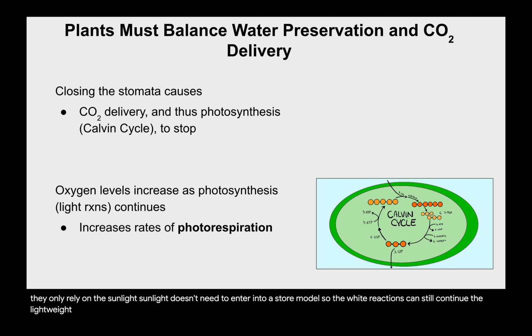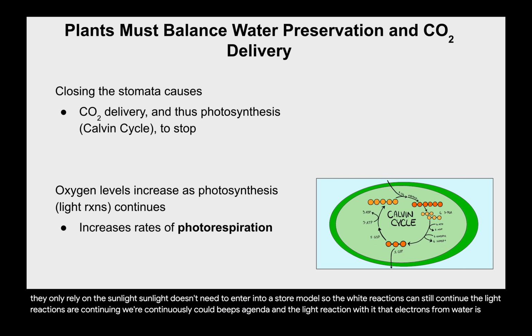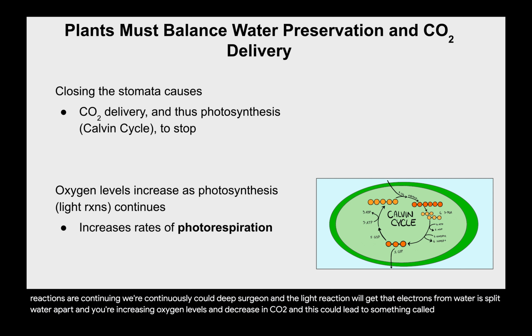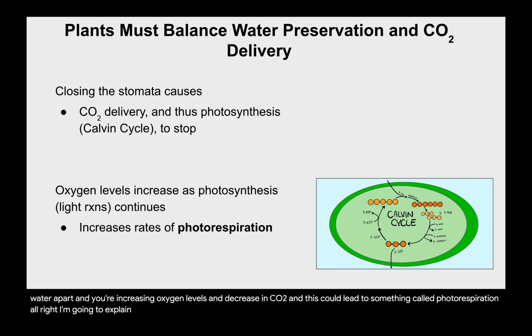The light reactions are continuing, we're continuously producing oxygen. Under light reactions, they get that electron from water, they split water apart and create oxygen. So we're increasing oxygen levels and decreasing CO2 levels. And this can lead to something called photorespiration. All right? I'm going to explain photorespiration in a couple more slides that need just a bit more background information before it'll make sense. Yes?